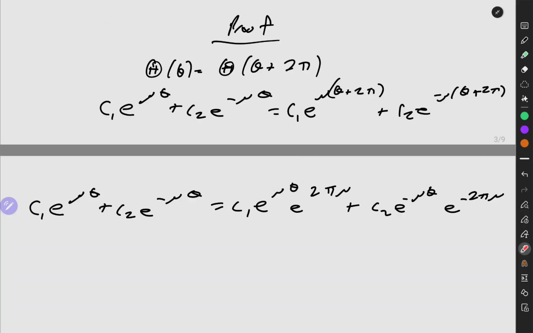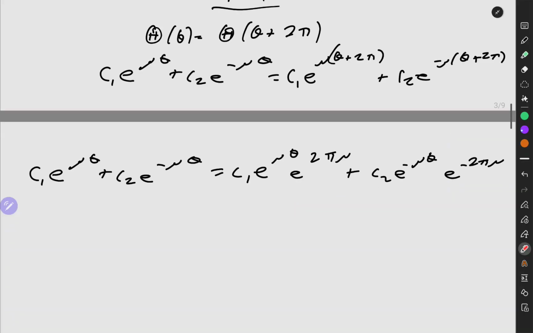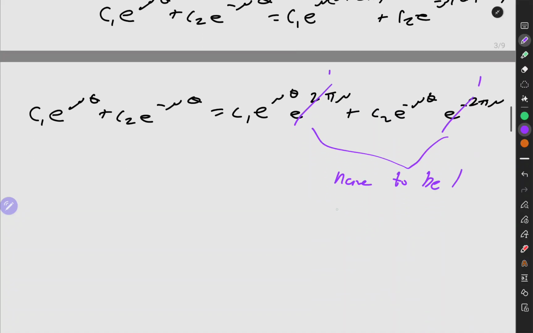They're only going to be equal if this is equal to 1 and this is equal to 1. So this has to be 1, this has to be 1. So that tells us, in order for that to be 1, mu has to be equal to 0.